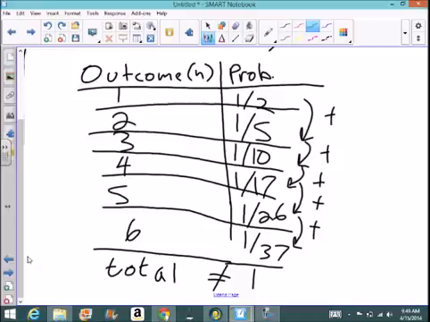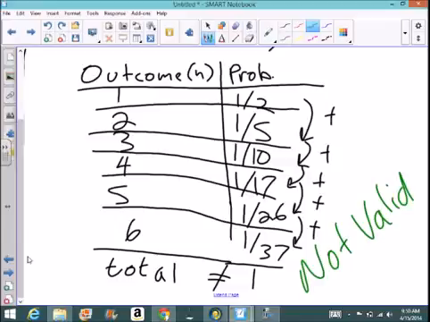And so in every single case, when I add up all the probabilities, the total sum is 1. Here it is not 1, therefore the equation is not valid. In other words, that equation will never work. So that's how we can double check the validity of an equation that helps us approximate or calculate the probabilities of an event occurring.